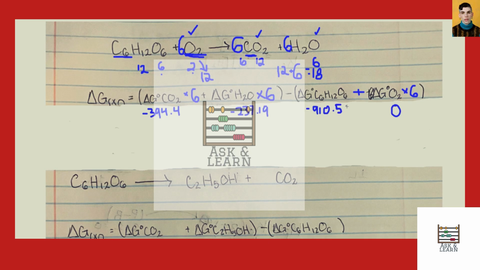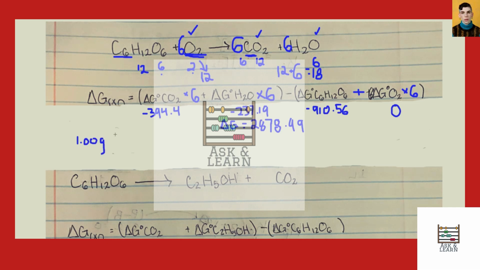If you want to pause the video and do those calculations, remember to multiply each of these by 6 because of the coefficient, and you should come out with a delta G of reaction of negative 2,878.99. Great.